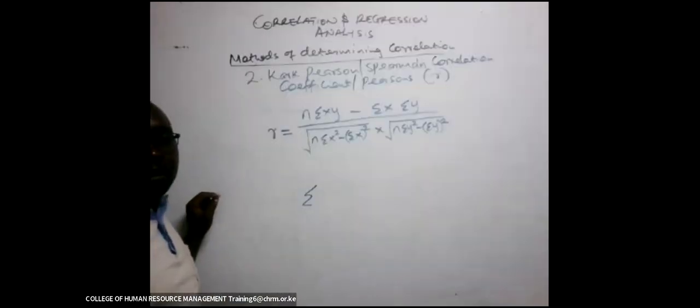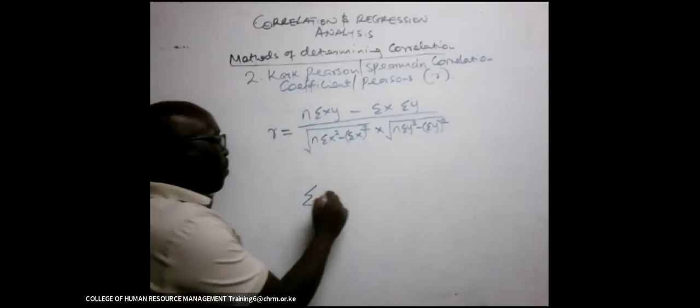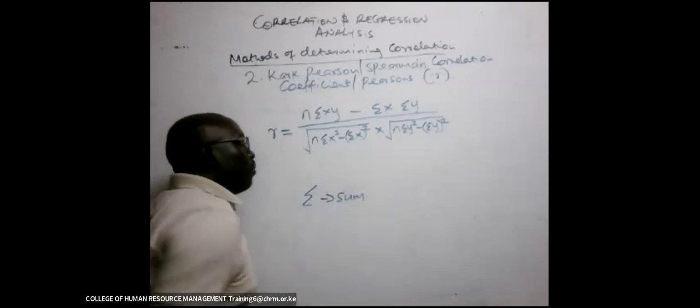So let's go step by step. R is equal to n, then the summation sign. This sign means the sum: the sum of x times y.